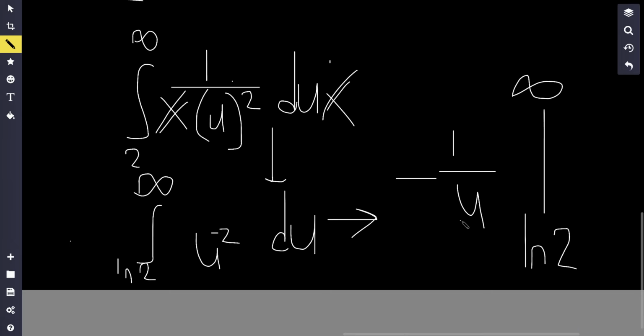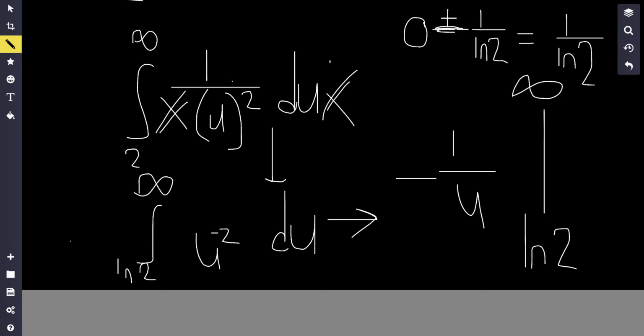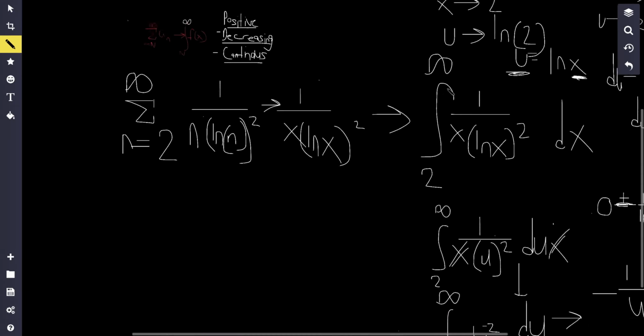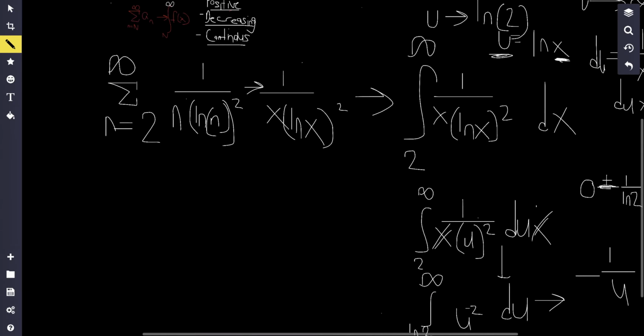If I plug in infinity here, once again, you get a very big denominator, you get a very small value, so this is going to be essentially approaching 0, and this is going to be minus, well, if we plug in ln of 2 here, I'm going to get negative 1 over ln of 2. So negatives cancel out, negative negative makes a positive, so I just get 1 over ln of 2. Because our integral converges to a finite number, our series is also going to converge. So there we go.